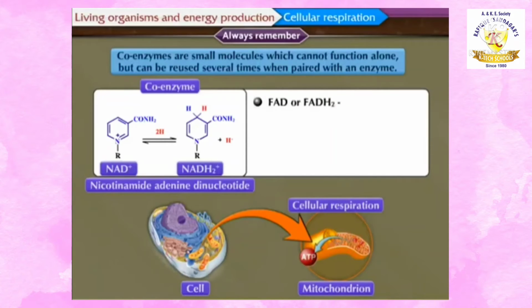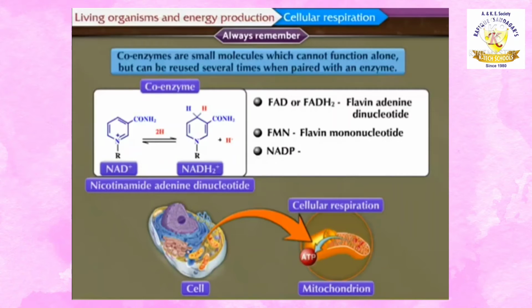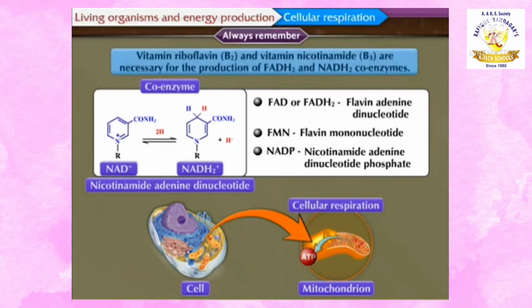Some more examples of coenzymes are FAD or FADH2, that is flavin adenine dinucleotide, FMN, which is flavin mononucleotide, and NADP, that is nicotinamide adenine dinucleotide phosphate.